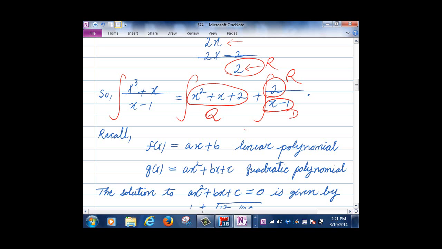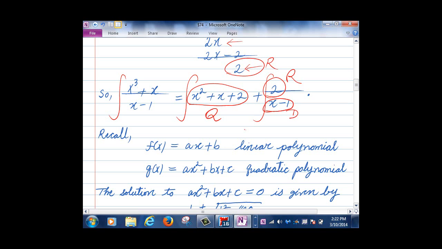Why is it called proper and improper? Okay, if I have a fraction, it's called proper when the degree of the numerator is smaller than the degree of the denominator. That's just a definition. We are separating the fractions where the numerators have bigger degree from the fractions where the degree of the numerators is smaller.